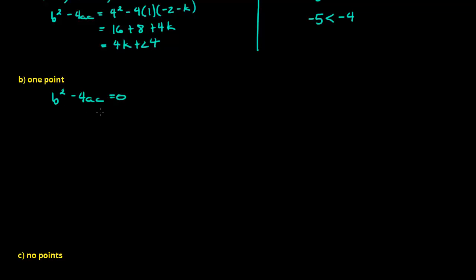Our discriminant is 4k plus 24, so 4k plus 24 would be equal to 0. If you solve this equation, you get that k is equal to minus 6. So when k is equal to -6, that'll result in the system of equations having exactly one point of intersection.